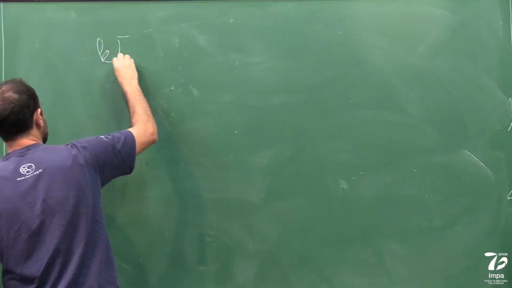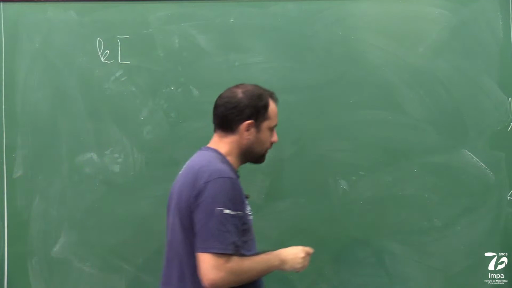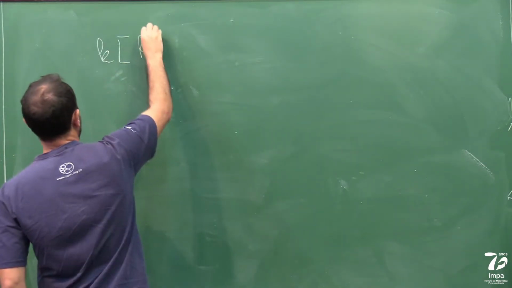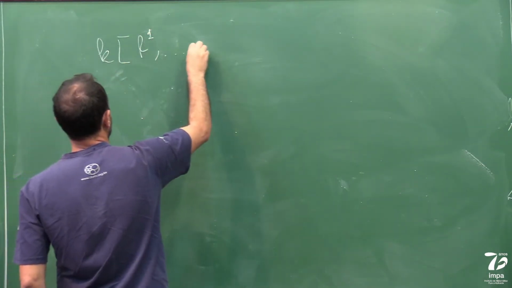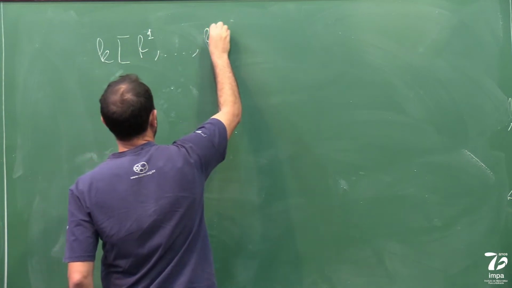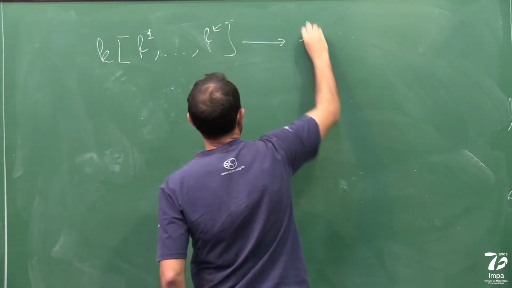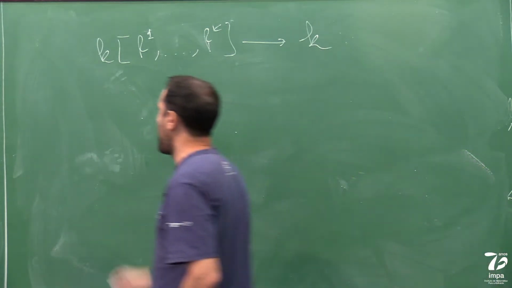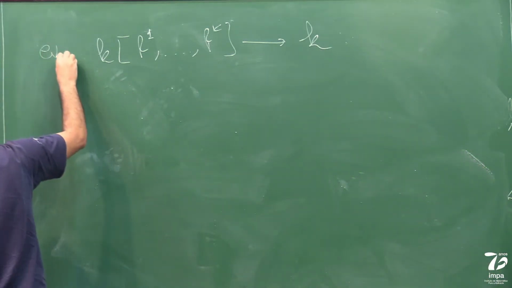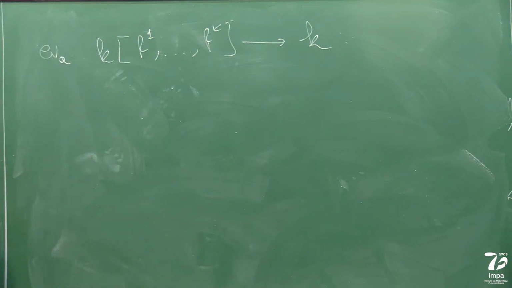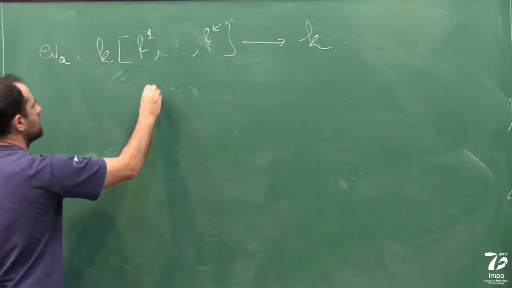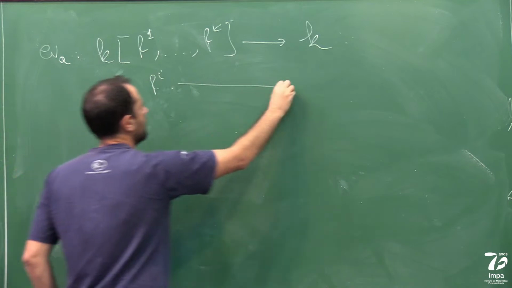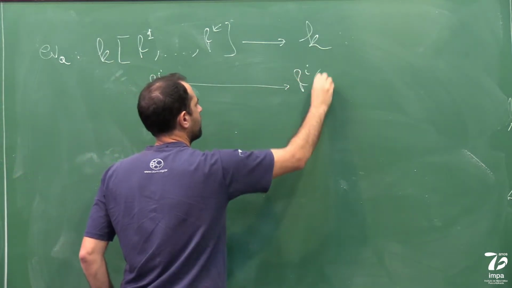First of all, we have the following evaluation from F1 up to Fk to K, which is the evaluation at the point a. You just send Fi to Fi of a.